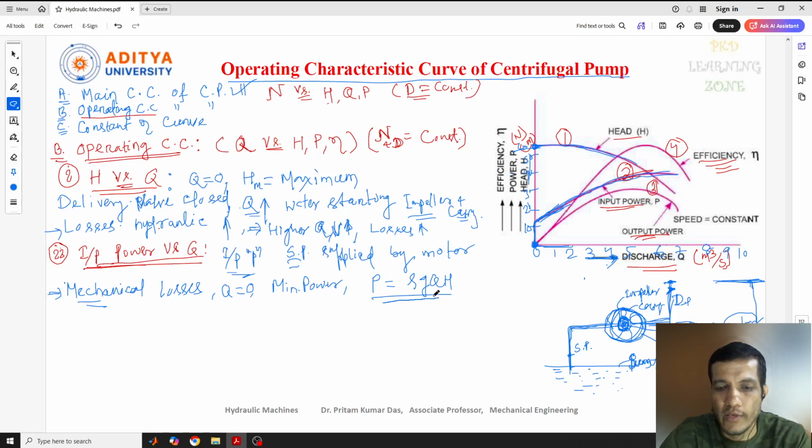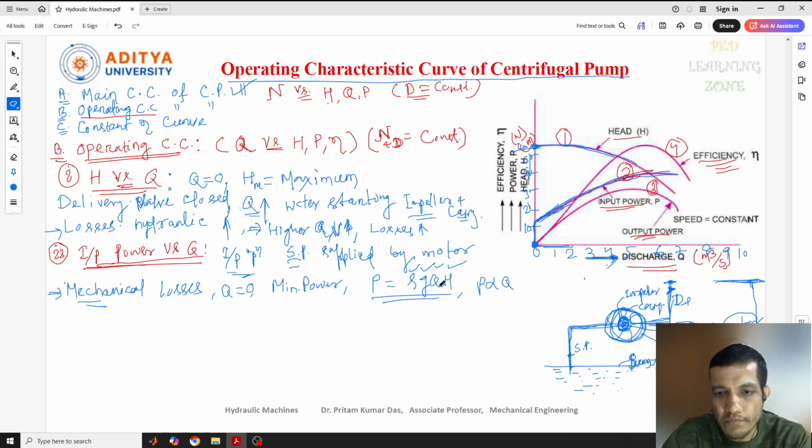Now here, rho g is a constant value, Q is discharge and H is head. Head we have already discussed. So power is directly proportional to Q and directly proportional to H also.